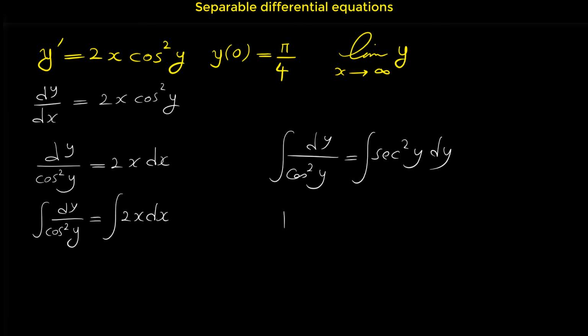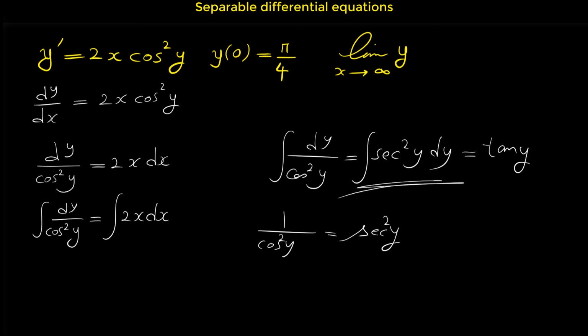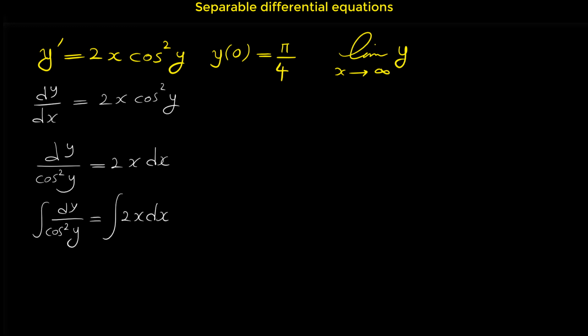We know that 1 over cosine is secant of y. So 1 over cosine squared that we have here is secant squared. And the integral of secant squared is tangent. So the integral of dy over cosine squared of y is tangent of y.